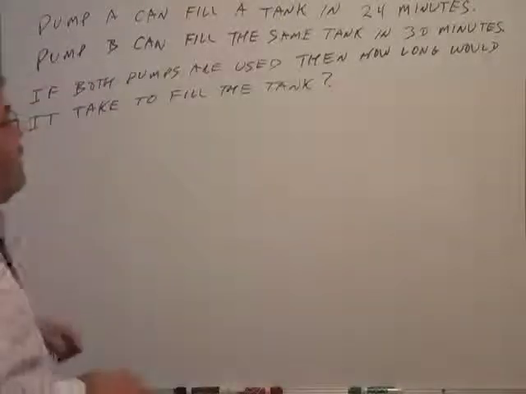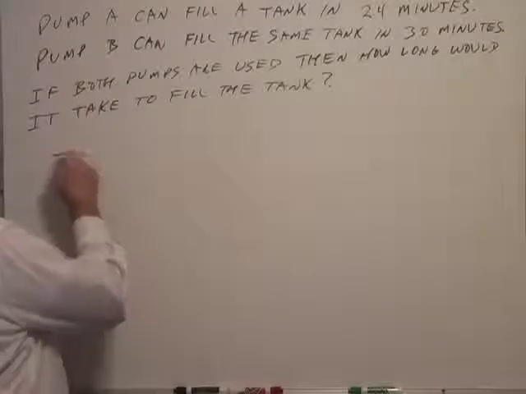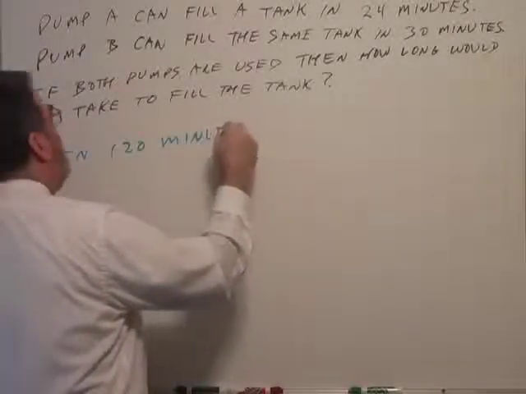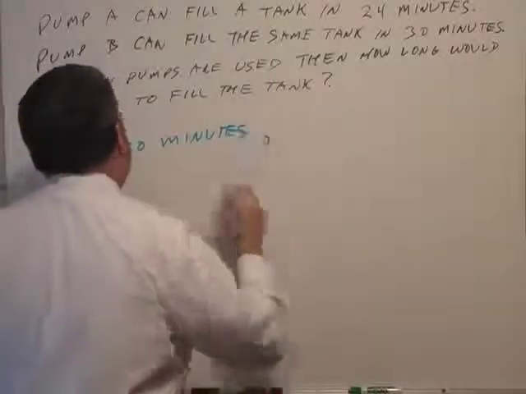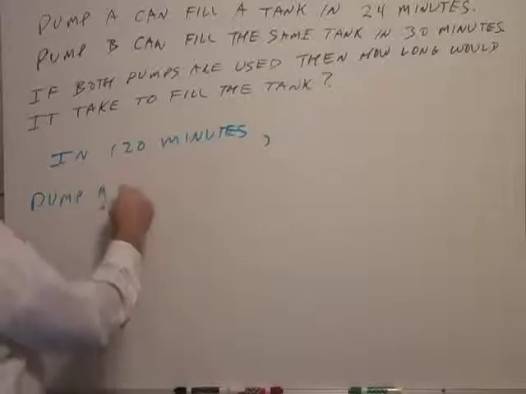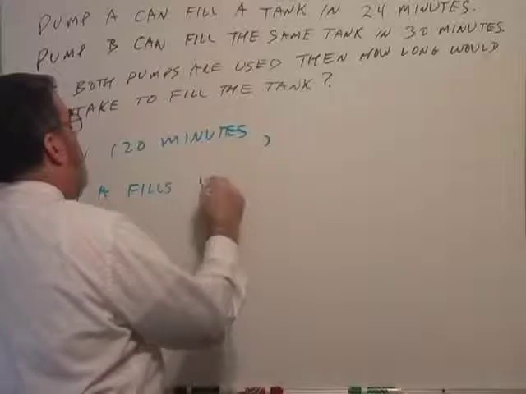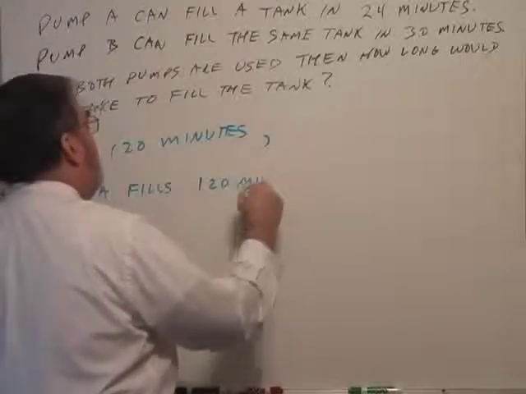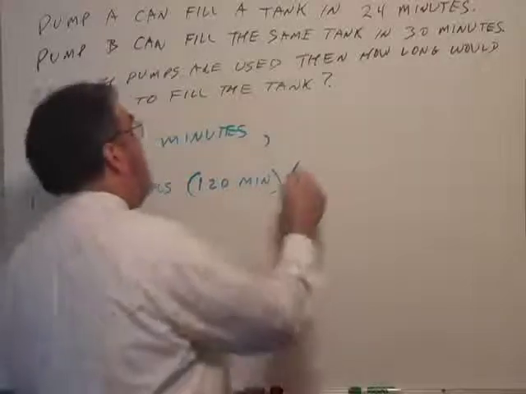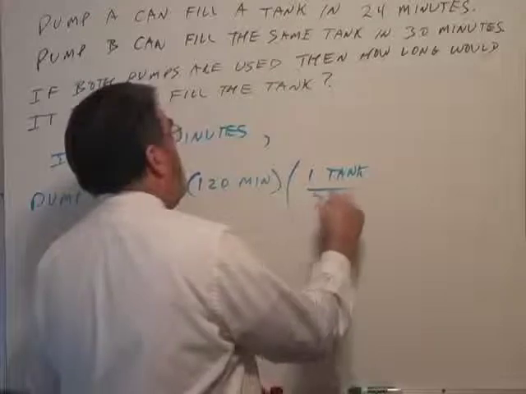All right. If these pumps are running separately, in 120 minutes, pump A fills. Now if we take the time, 120 minutes, and multiply by the rate at which it fills. It fills tanks at the rate of 1 tank per 24 minutes.